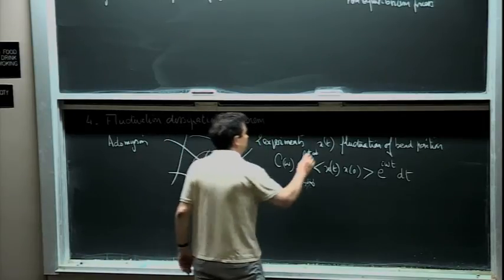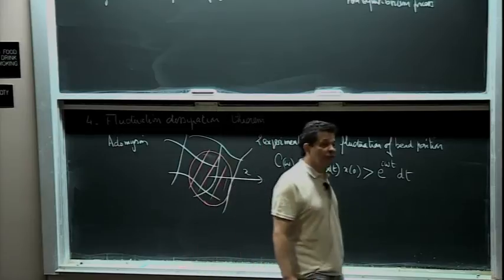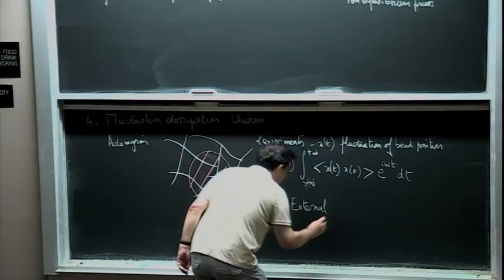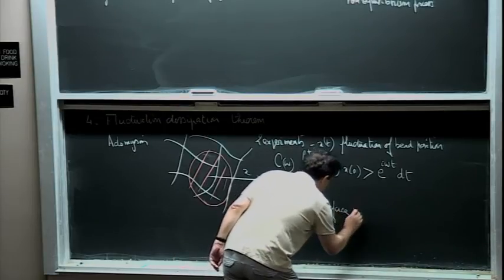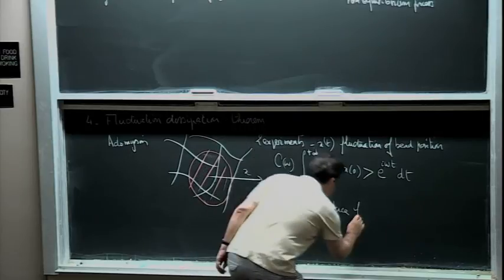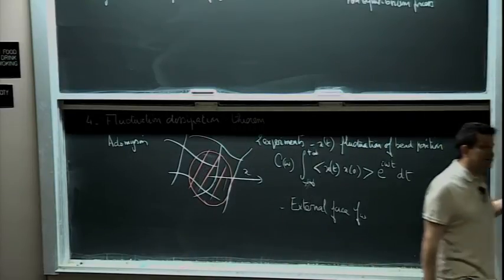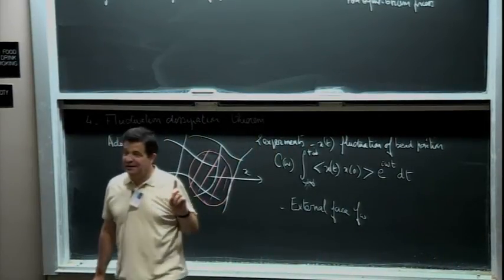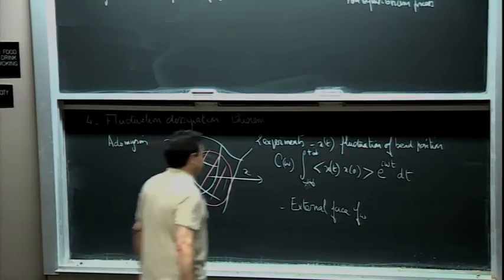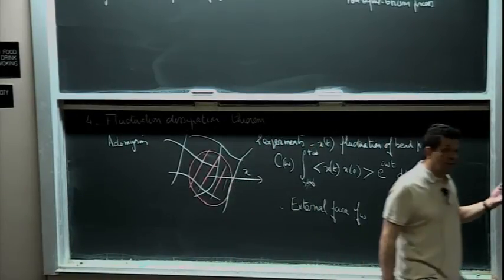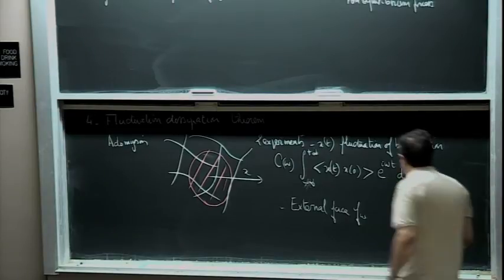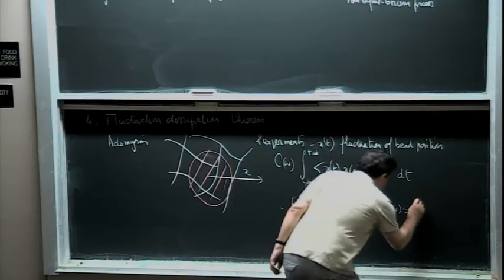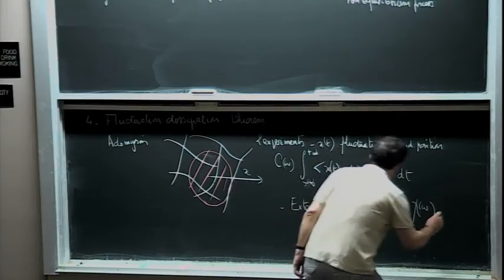Then you do a second experiment. You put an external force F at a frequency omega, which means a force F cosine omega t in the x direction. And you measure the position of the bead at the frequency omega. If F is small enough, it's proportional to the applied force. So x of omega equals some response function, chi of omega, times F of omega.